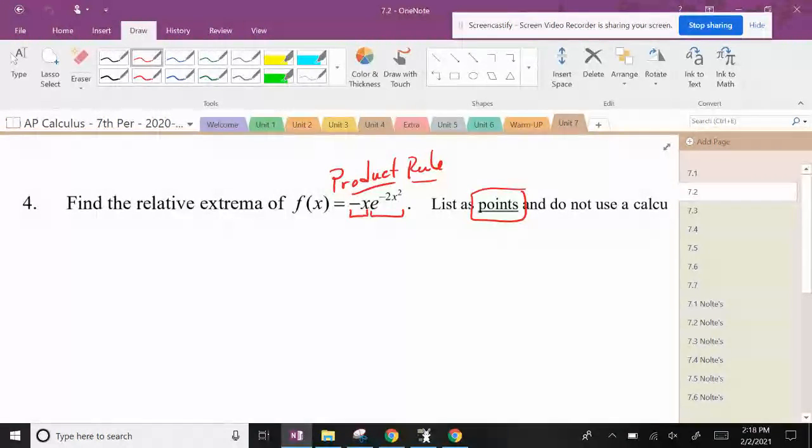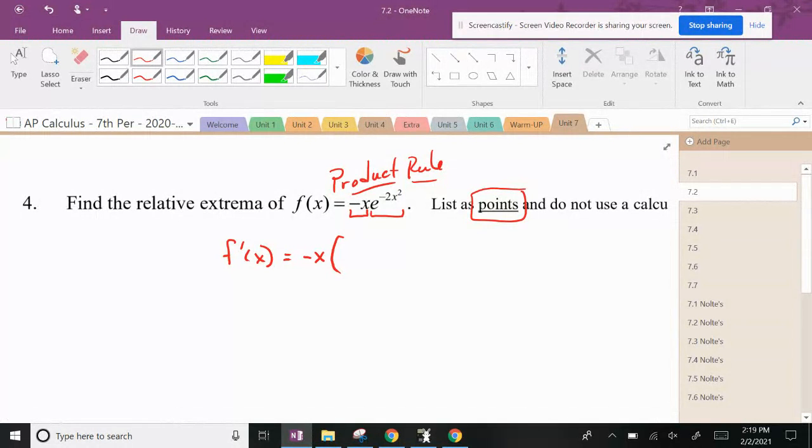So you can hopefully see already that this is going to require a product rule, right? First d second plus second d first. I'm calling my first the negative x, my second is my e to the negative 2x squared. So first, negative x, d second. So I have e to the negative 2x squared.